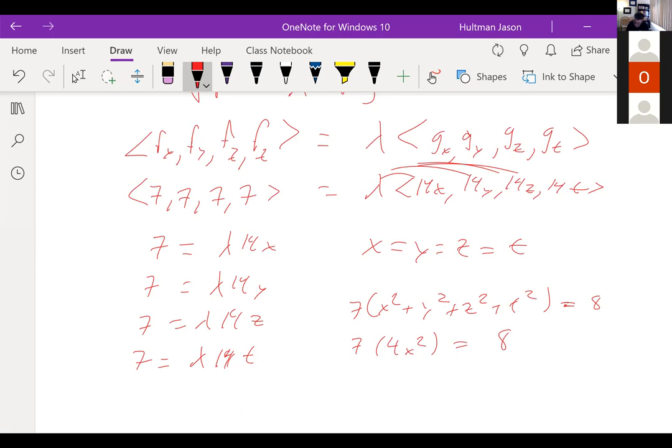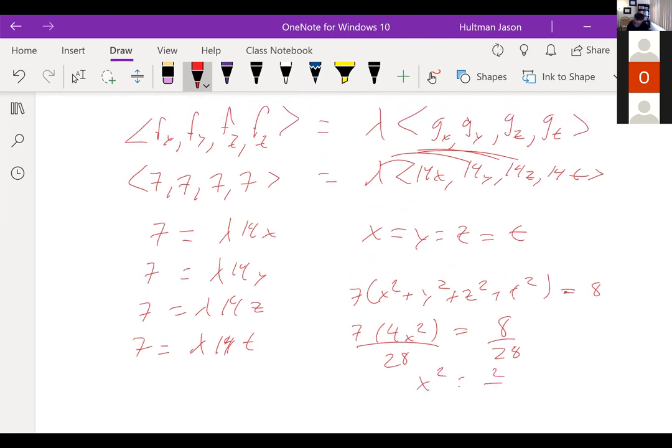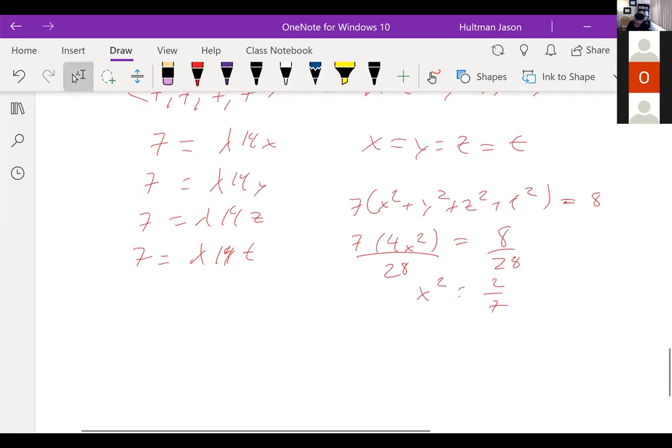Divide by 28. And we're going to get x squared equals 2 over 7. So x equals plus or minus radical 2 over 7.